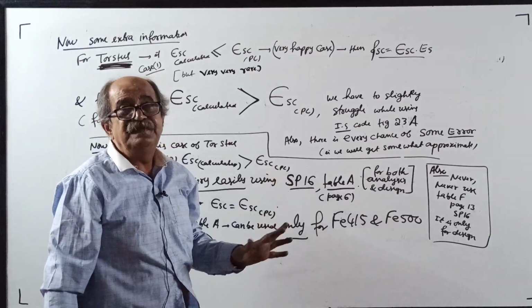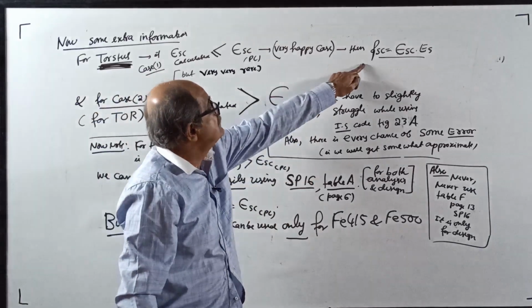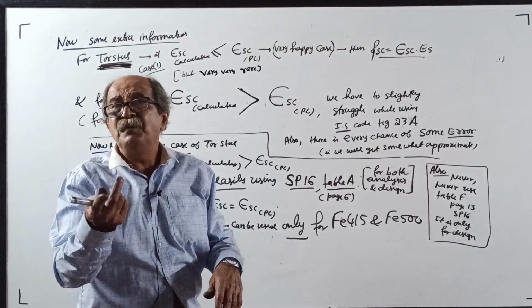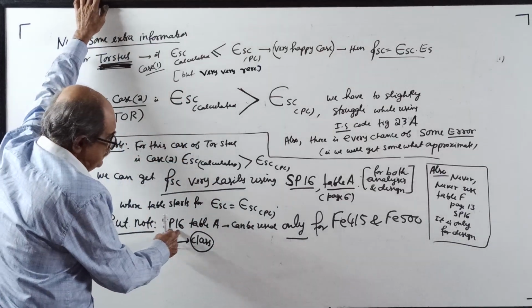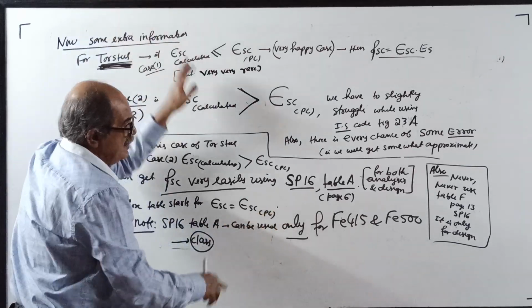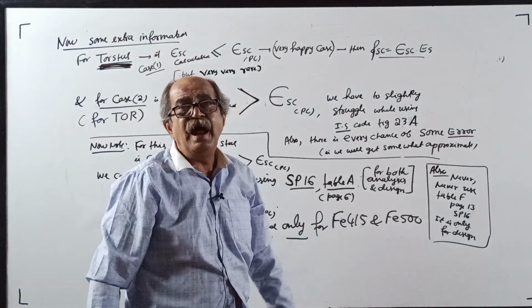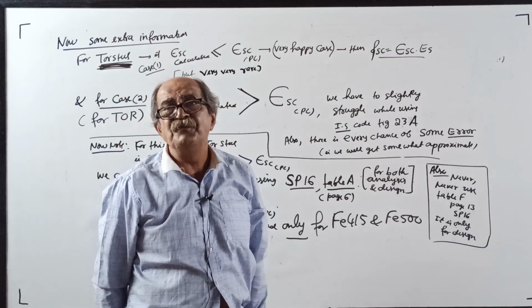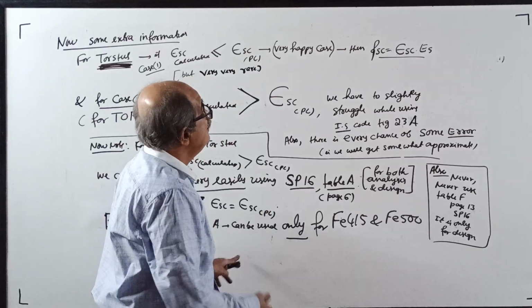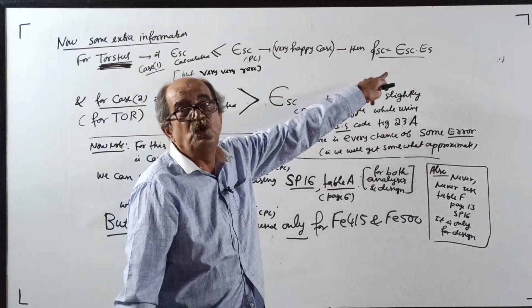If the strain is less than the PL, direct answer. So their table starts from PL only. So use it. But note, SP16 Table A can be used only for Fe415 and Fe500. Suppose tomorrow somewhere Fe550 comes, we cannot use the table, you have to go for the IS code only.